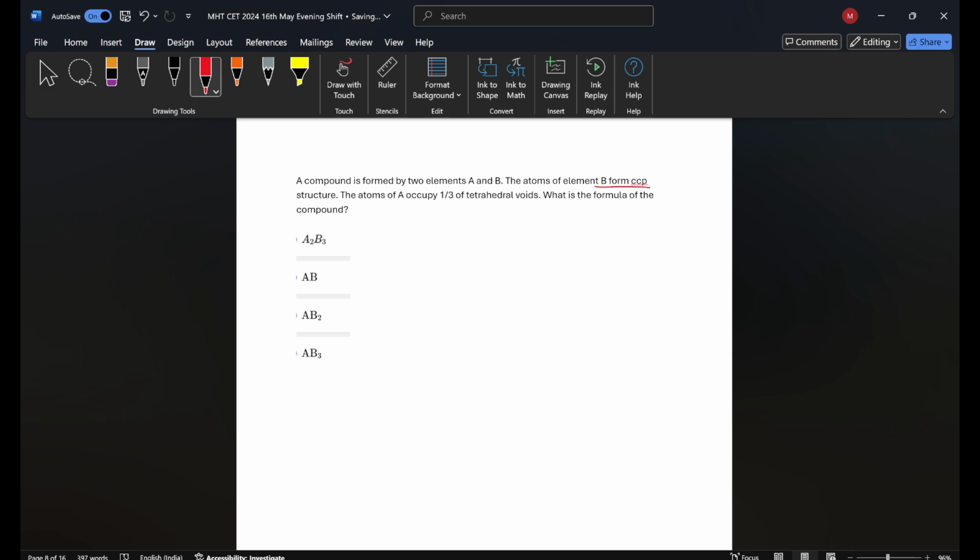B forms a CCP structure, so in CCP we have 4 atoms, and B is forming that. The number of tetrahedral voids, we all know by now, is twice the number of atoms, so it is 8. And A is occupying one third of them.